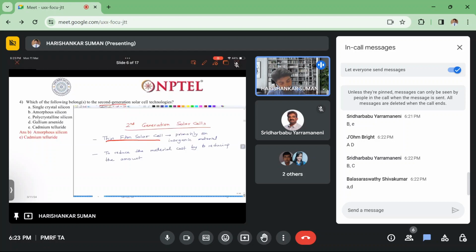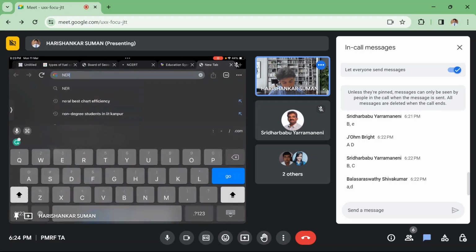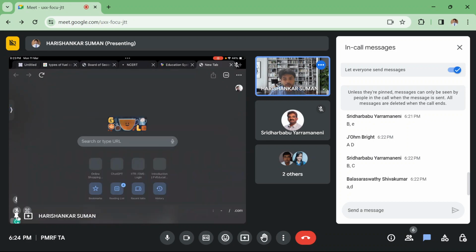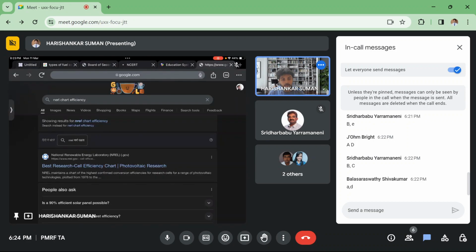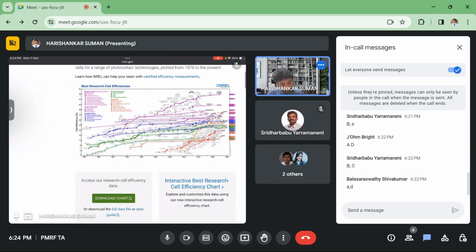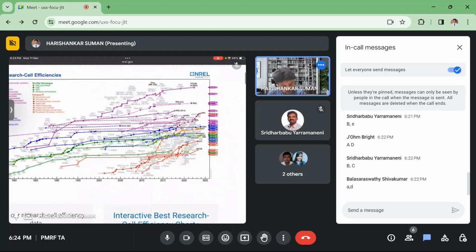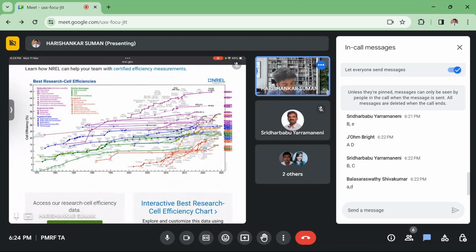In the previous question, let's see which type of. So you can visit, here is a site. Let me show you. So here is a chart, technologies and efficiency pairwise.